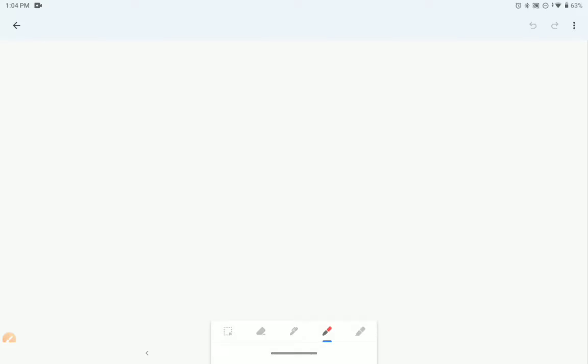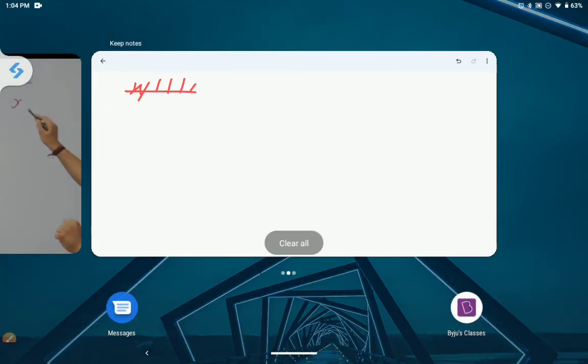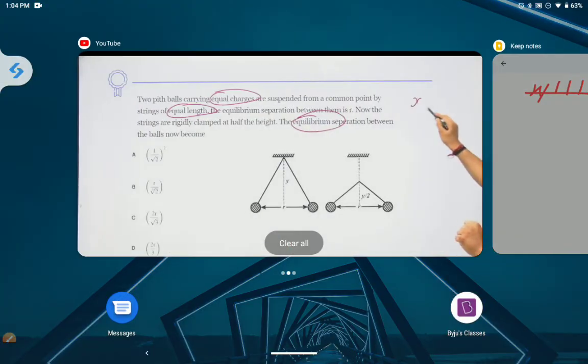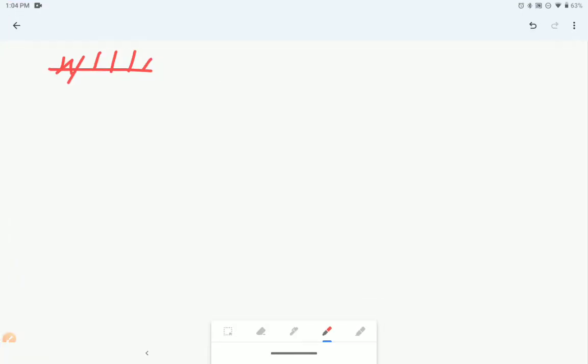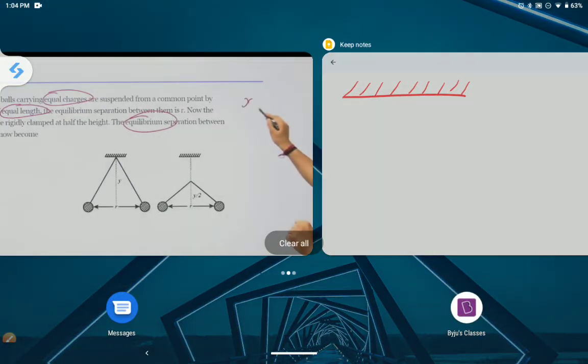There is a plan. The diagram was already given, so I was not drawing it.